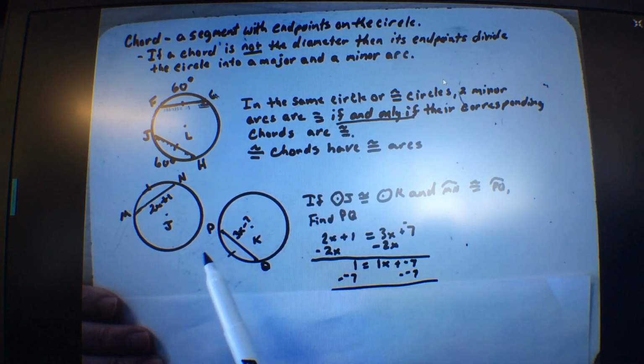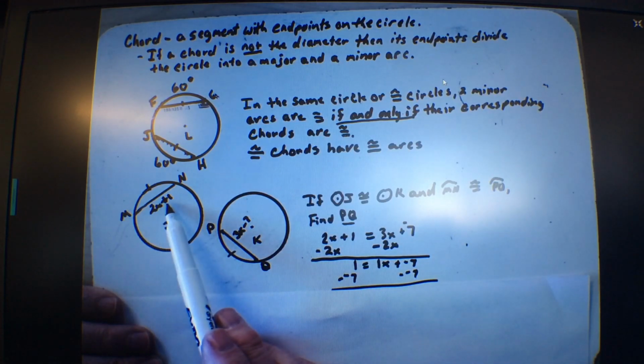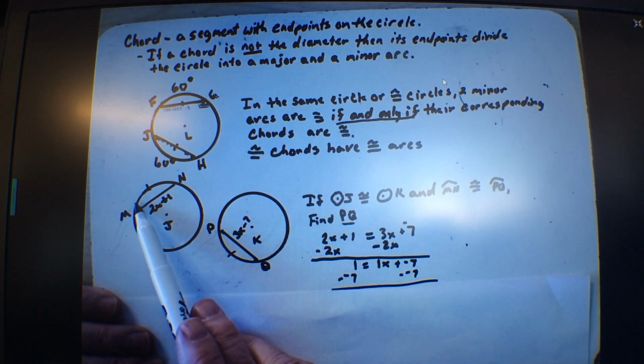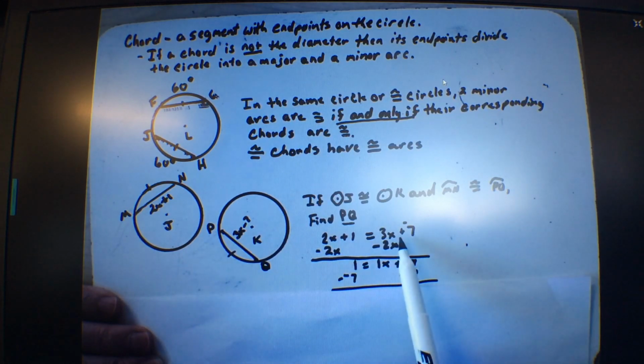So I know that these 2 arcs are congruent, and the 2 circles are congruent, and I want to find the value of line segment PQ. Well, I also know that MN is 2x plus 1 and PQ is 3x minus 7. Since this arc and this arc are congruent, then 2x plus 1 equals 3x plus a negative 7.